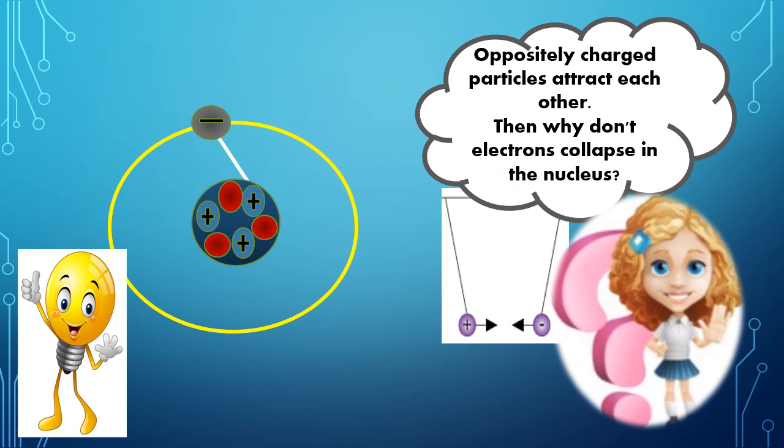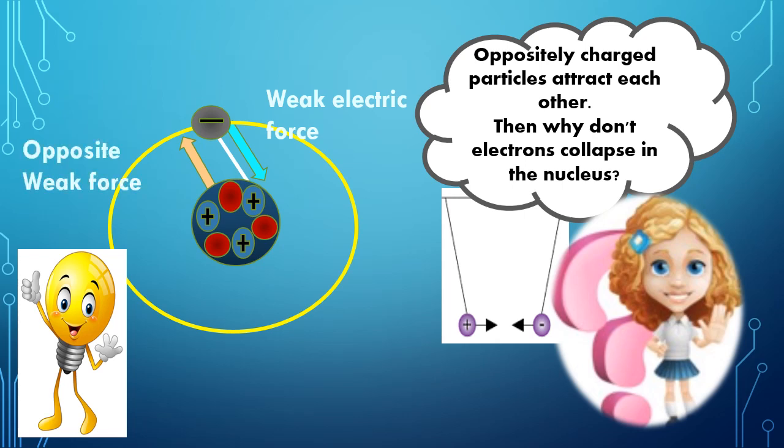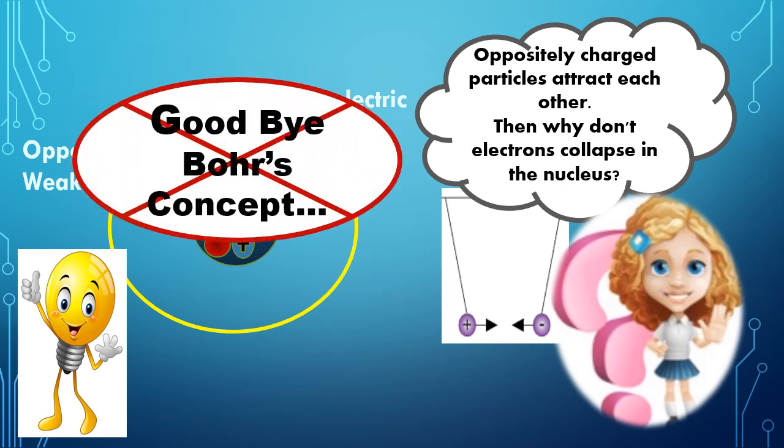This concept says there are weak electric forces between negatively charged electrons and positively charged protons. These weak electric forces are balanced by equal and opposite weak forces, which keep the electrons moving in their orbit. But this concept is no more stable now.